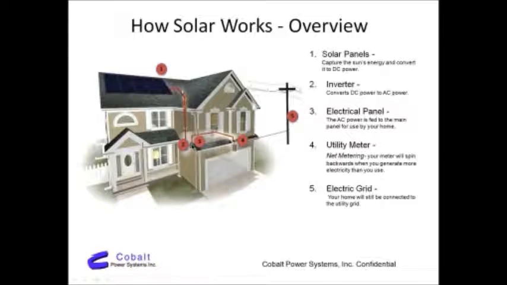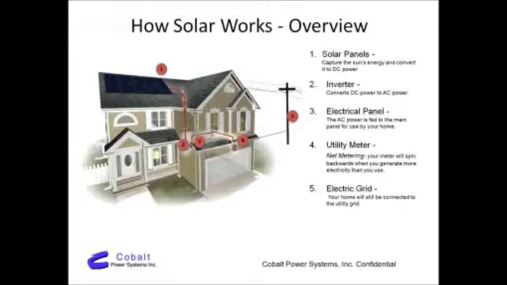I guess the electric panel's here. I think what they're trying to show is it's on the outside of the house, but we're sort of looking through the house. So this is your main electric panel, 200 amp service, 400, whatever you have. And it basically powers your whole house. And then when there's excess power being generated beyond what you need, it'll spin your meter backwards. And customers love seeing their meter go backwards, and it really does happen.